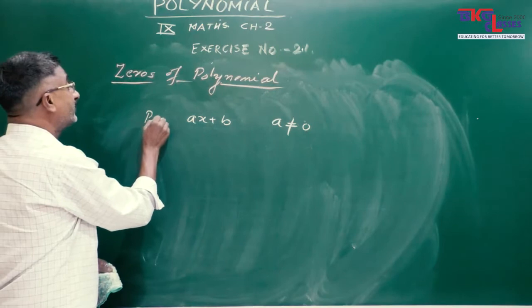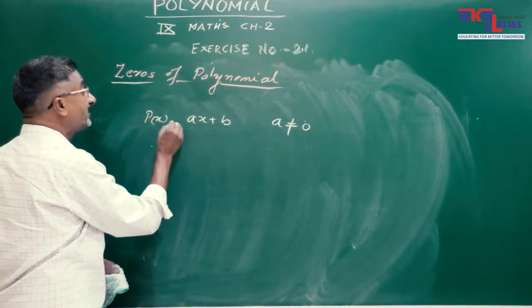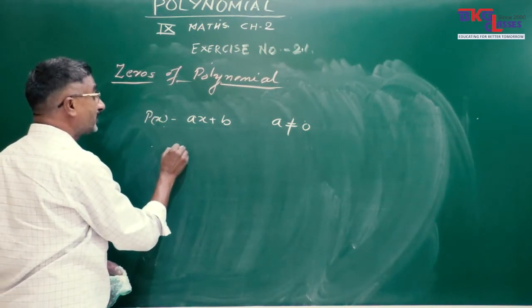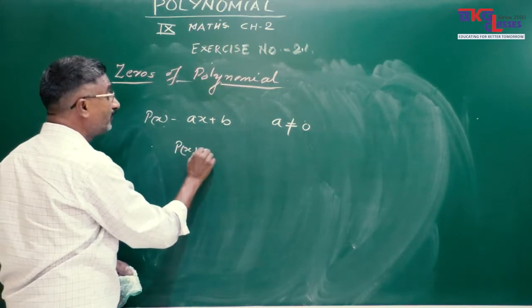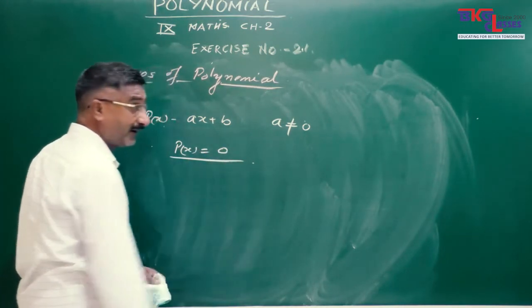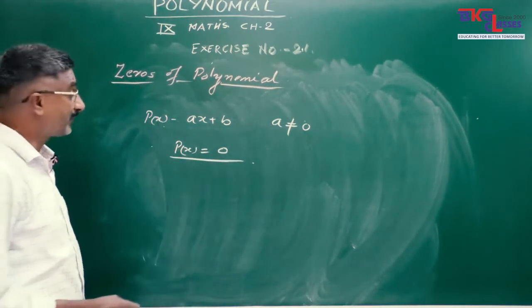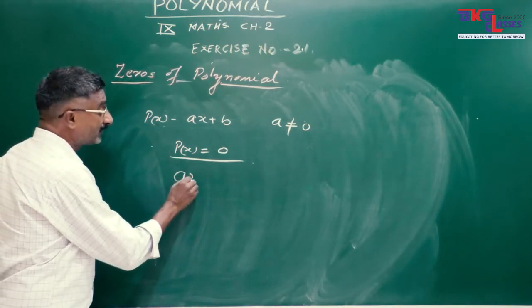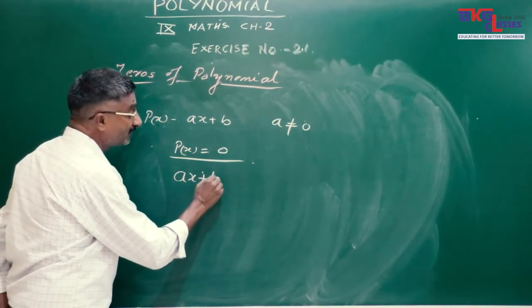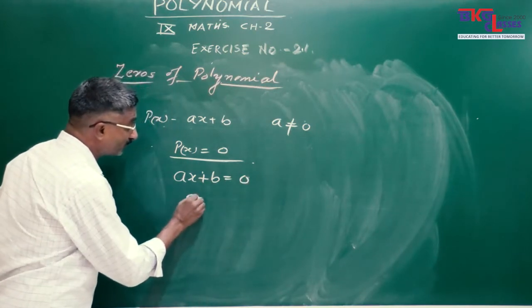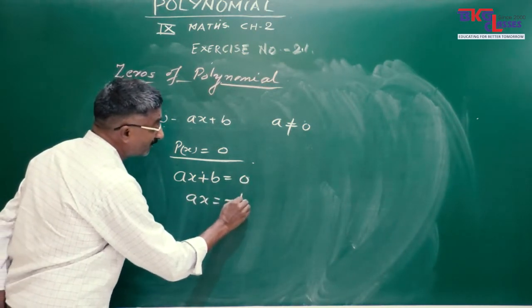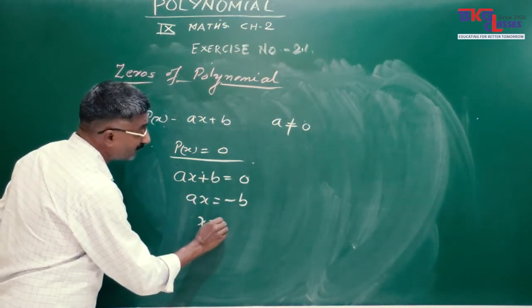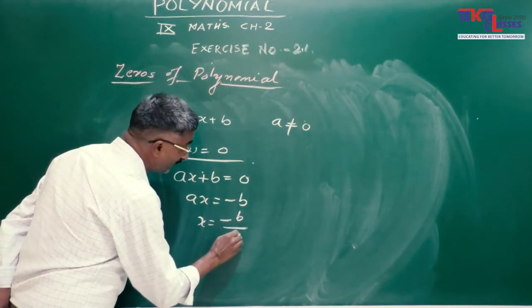This is p of x. So p of x must be equal to 0 for some value of x. How will we find out that value? We will equate ax plus b is equal to 0. So this will give us ax equal to minus b, so x is equal to minus b upon a.